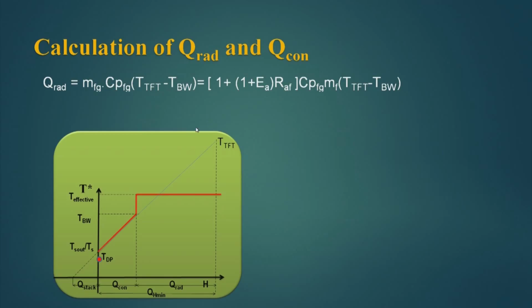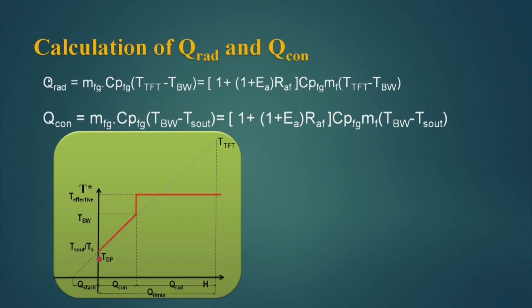Now, computation of Q radiation and Q convection. Q radiation can be given by this formula and Q convection is given by this. So, this is the Q convection area, because in the convection section the temperature drops from here to here. This is the distance which is given by Q convection and this is the distance which is given by Q radiation.